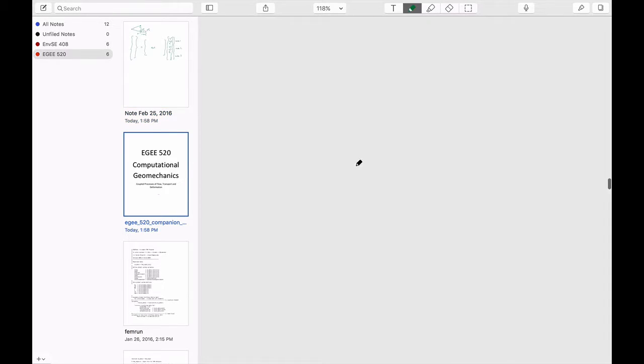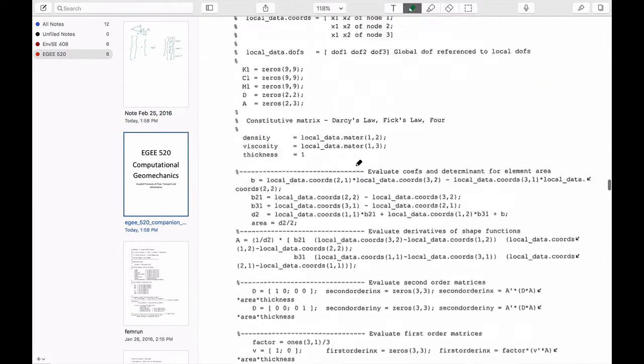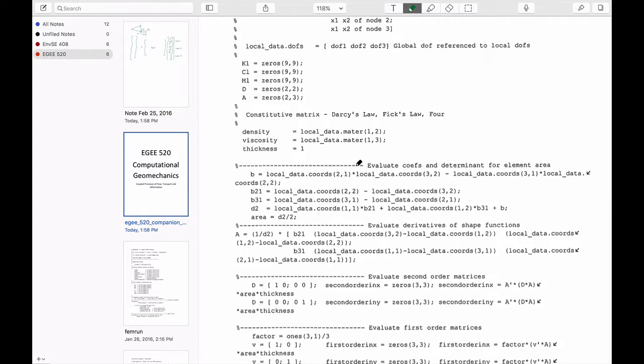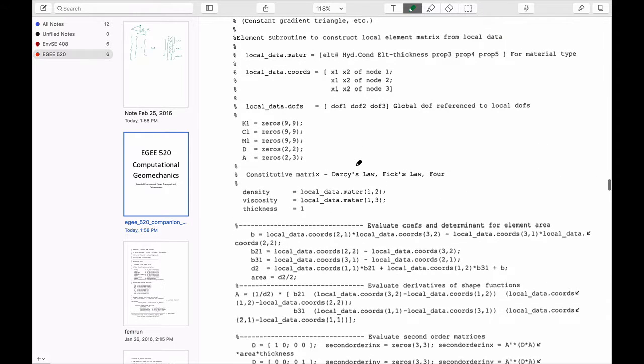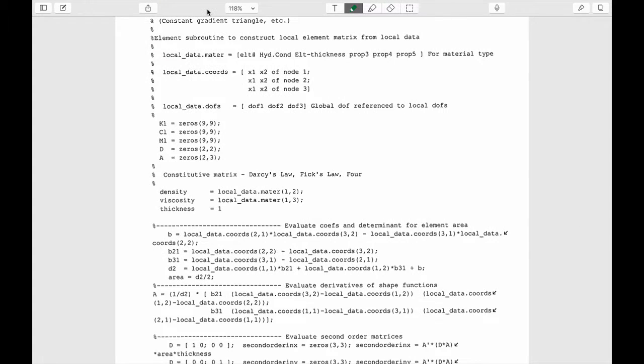So if we go back to this, let's look at this. You recognize some of these features.